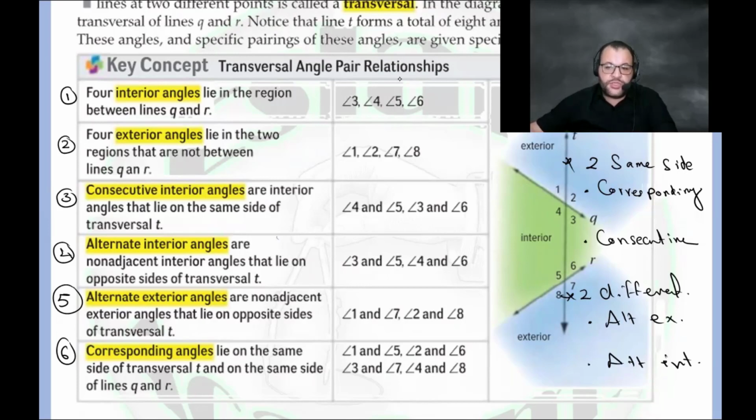For the corresponding, one of them is interior, one exterior. All of the 4 types that we wrote now are not adjacent. That is the main point.